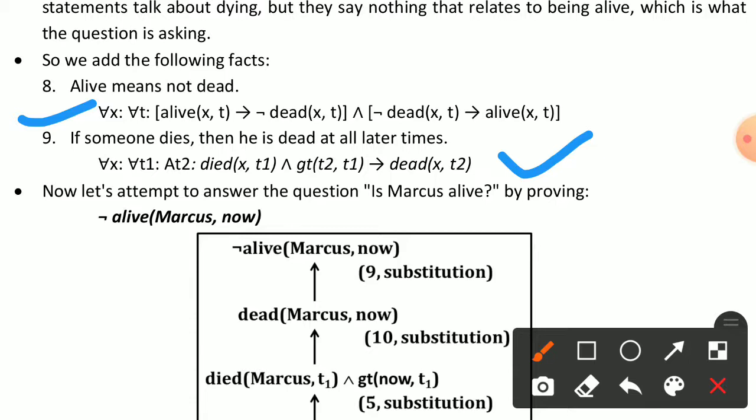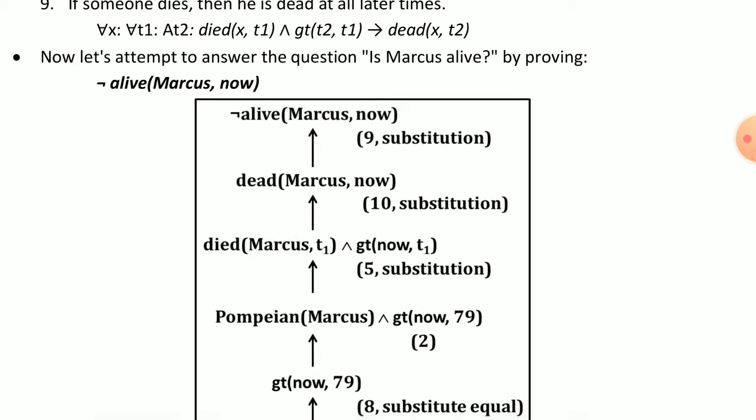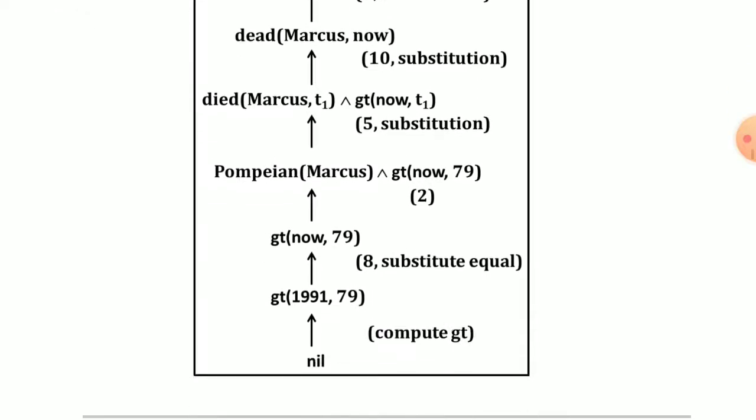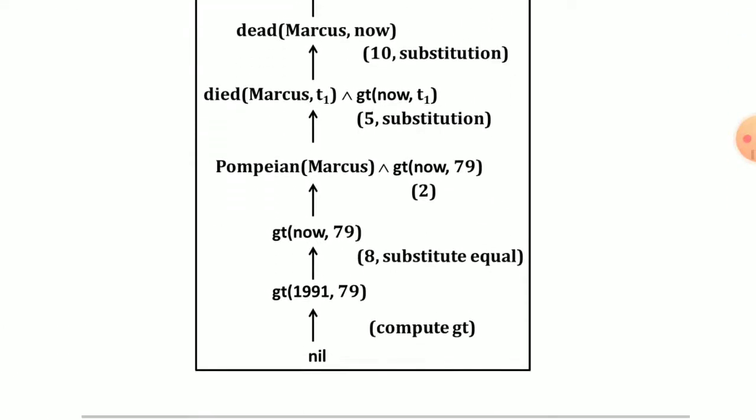So for the question is Marcus alive, one diagram is given: not alive(Marcus, now). Now Marcus is not alive means he is dead. So we can write this example like this.